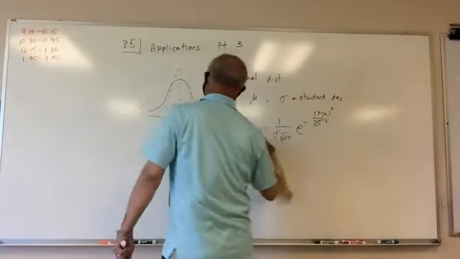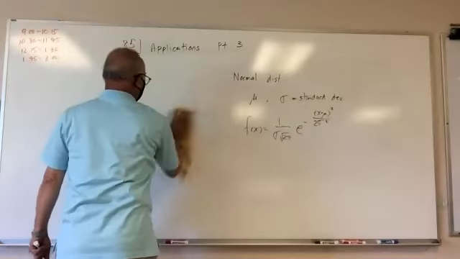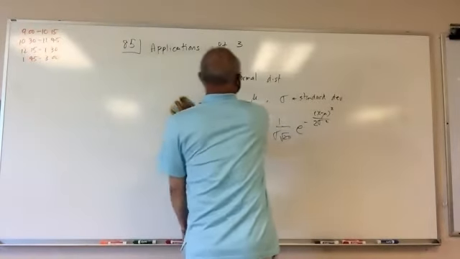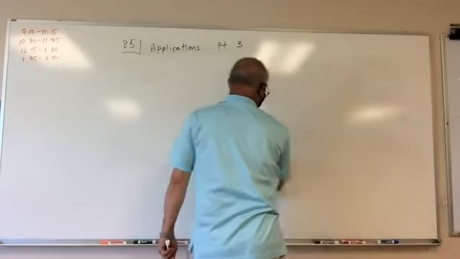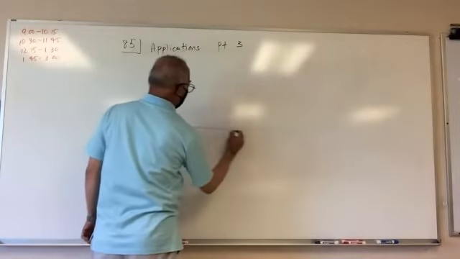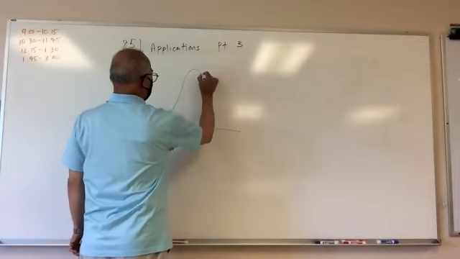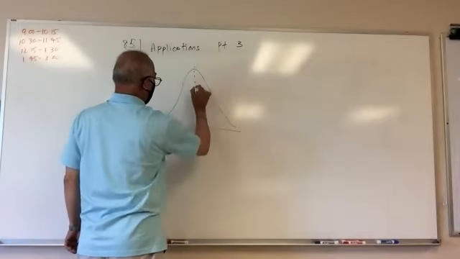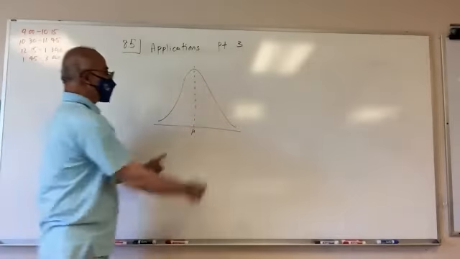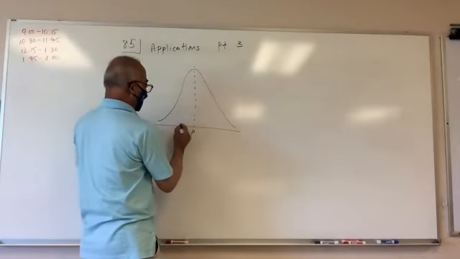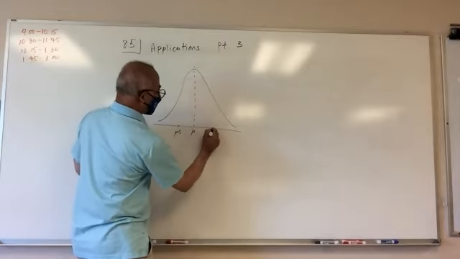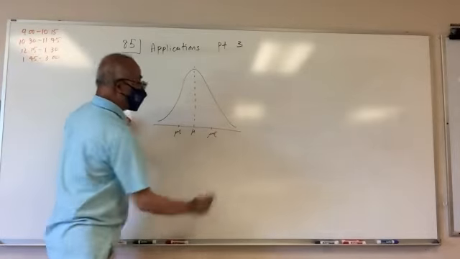What that rule states is that if I take any normal distribution, and this is mu, and I go out 1 sigma in both directions, this guy here would be mu minus sigma, and this guy would be mu plus sigma.